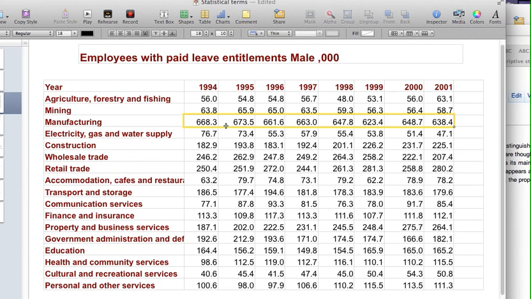So you can get some interesting trends out of it, but you can't really get a trend that operates between all of the industries themselves. So you can't go this way with the data. You can go across with one data, but you literally just can't go the opposite way.